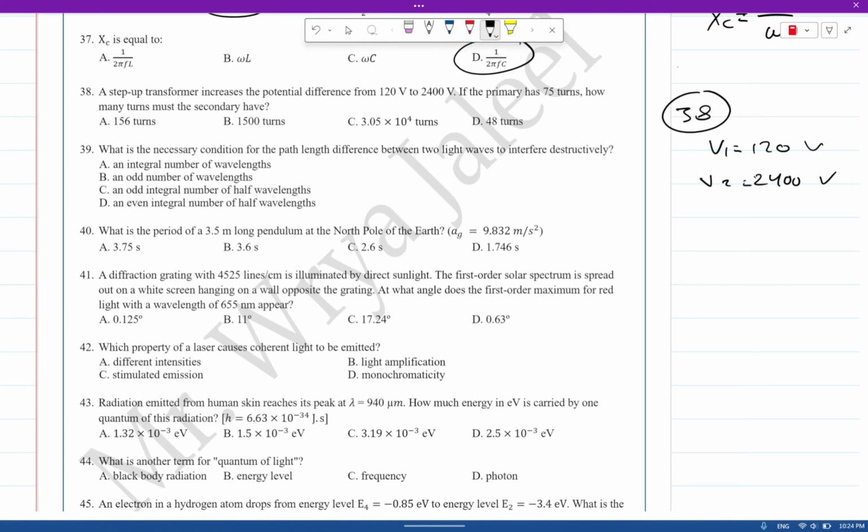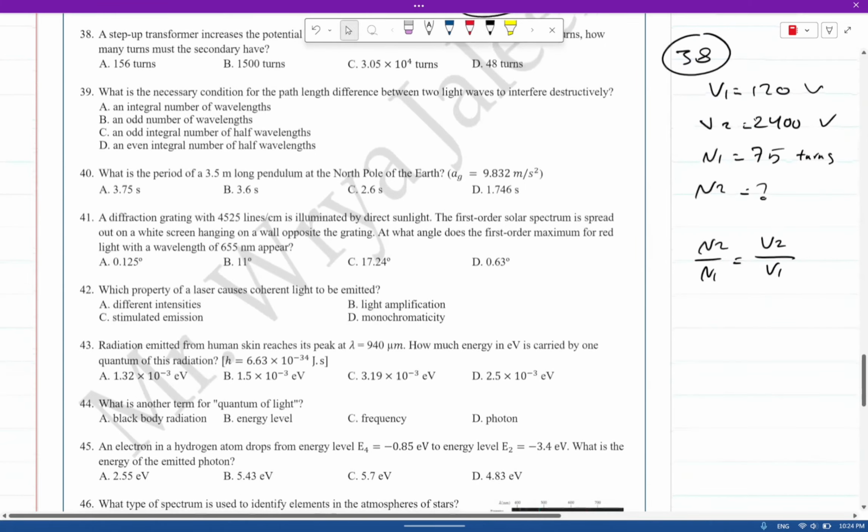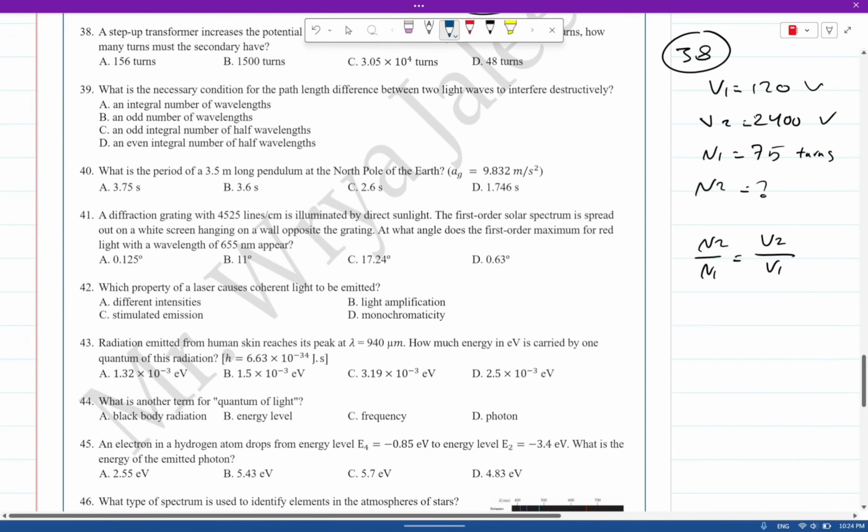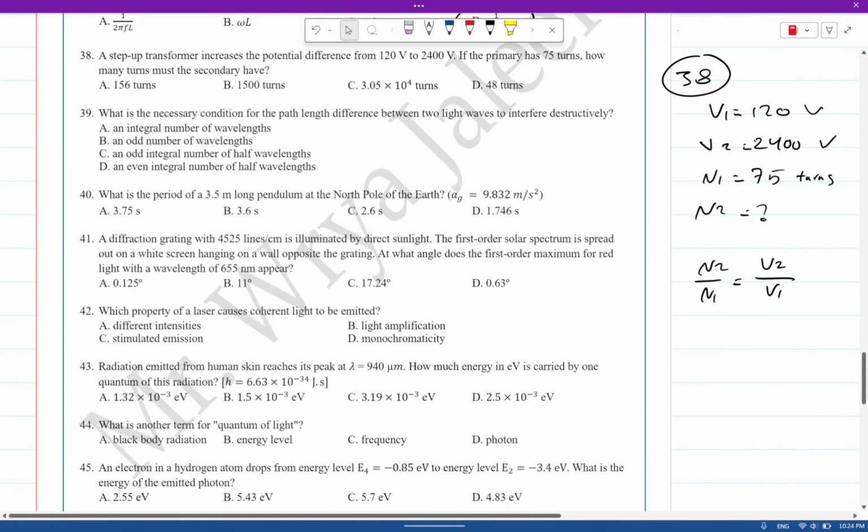If the primary has 75 turns, so this is N1, 75 turns, how many turns must the secondary have? So we have this equation, N2 over N1 is equal to V2 over V1. All right, let's plug in the numbers. So N2 is required, N1 is 75, equal to V2 is 2400, V1 is 120.